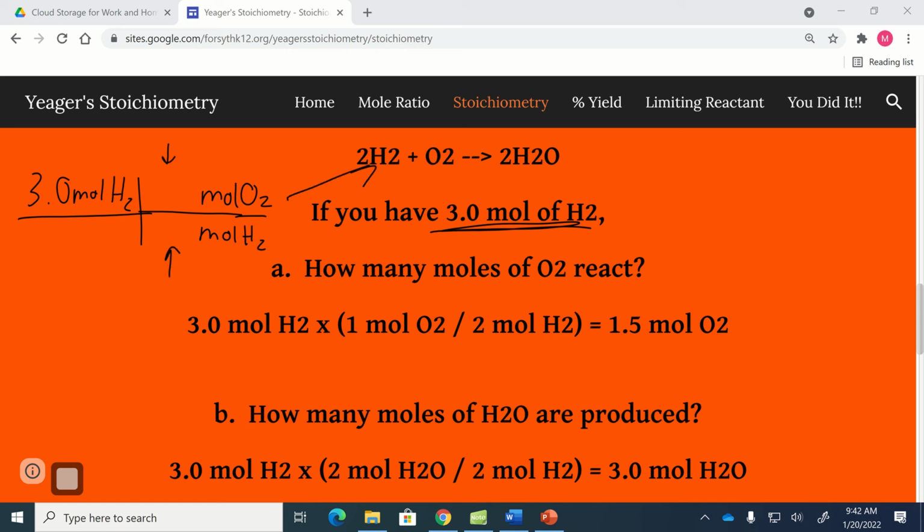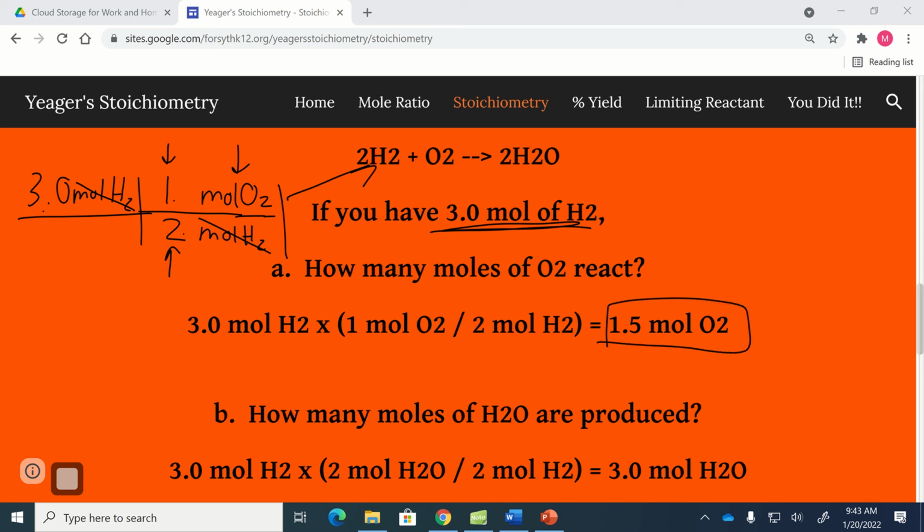Now where do I get these numbers? I look at the chemical reaction. I look at the coefficients, and all I do is write those down. They will be whole numbers. So O2 is 1, H2 is 2, and there's my calculation. I am converting from moles of H2 into moles of O2. So what would this be? 3 times 1 is 3, divided by 2 is 1.5 moles of O2.